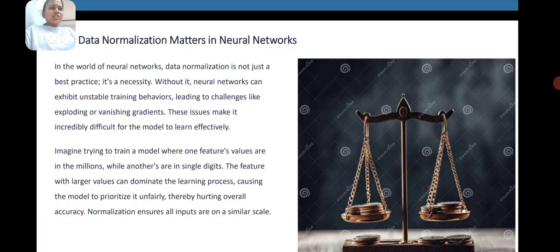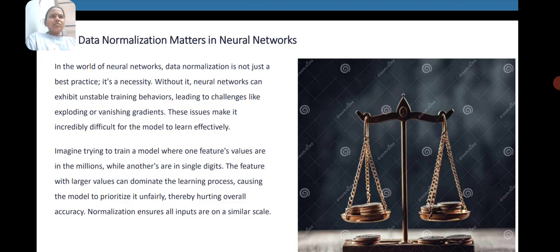Without normalization, some features might dominate others due to differences in scale, leading to poor model performance, slow convergence, or even failure to train. In neural networks, which use gradient-based optimization, normalizing data helps the model learn faster and more accurately.